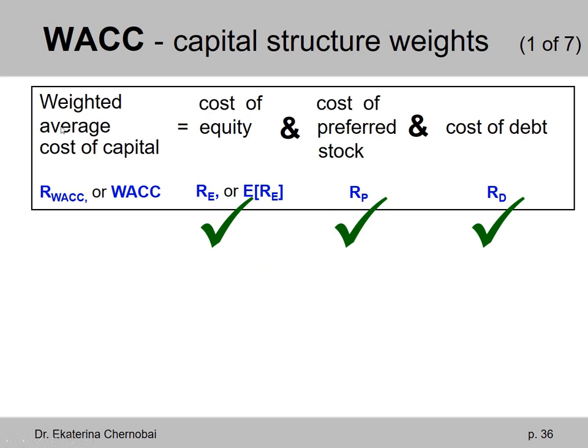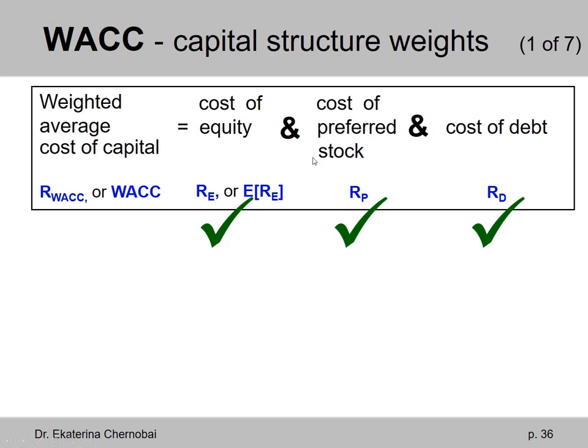Okay, so let's go back to the formula that we are trying to build throughout this chapter. We're trying to build the formula that we call the weighted average cost of capital, or WACC. Students often call it WACC. It has to reflect some sort of average of the cost of equity, RE, cost of preferred stock, RP, and cost of debt, RD.